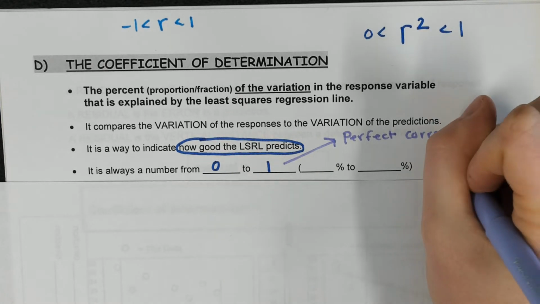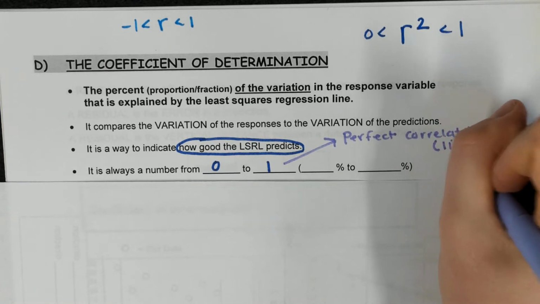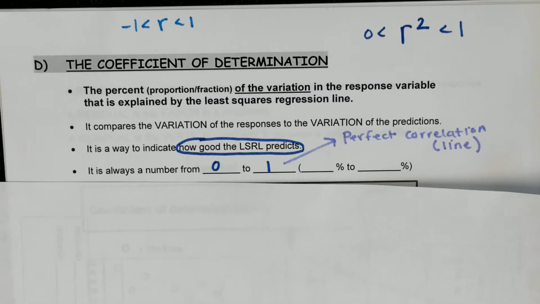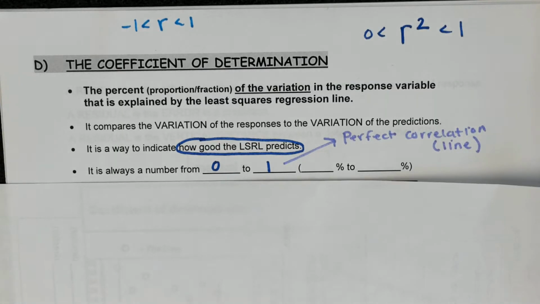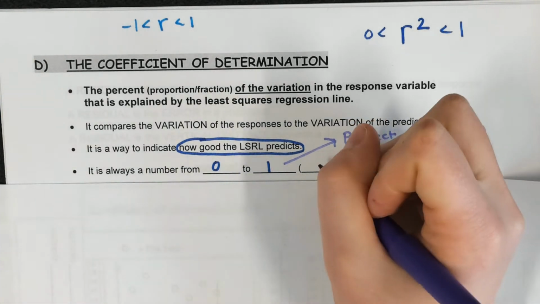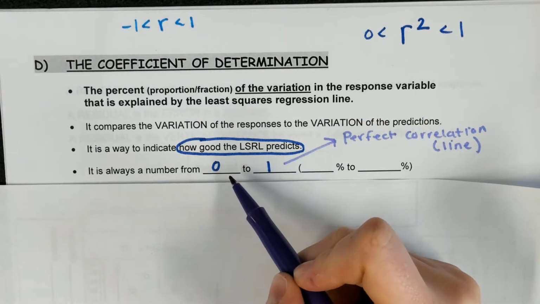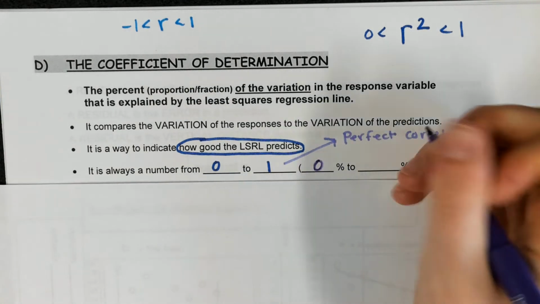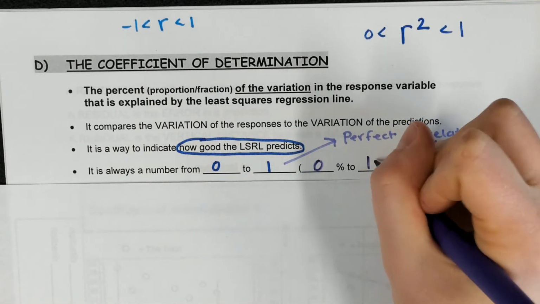Remember, with correlation we're talking about linear stuff. Whereas if it is 0, there is no correlation. It is not anywhere close to being linear. We actually describe these as percents. So if the coefficient of determination is 0, we say 0%, and if it's 1, we say 100%.